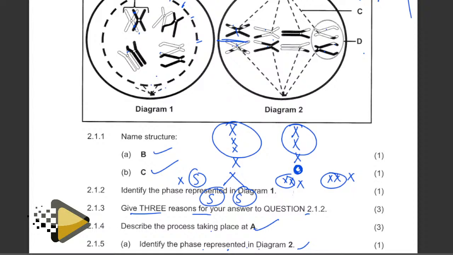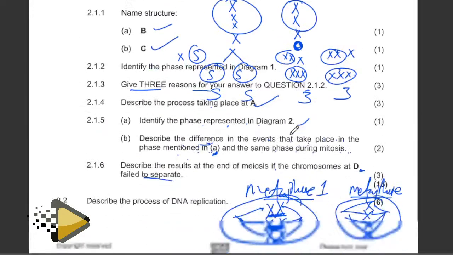That's another option, but still it gives you 3 here, 5 here, 5 here. Two cells will have 5 chromosomes each instead of 4, and then this one will have 3 each instead of 4. I think I'm clear. If you wrote it in that way, still they will credit you.